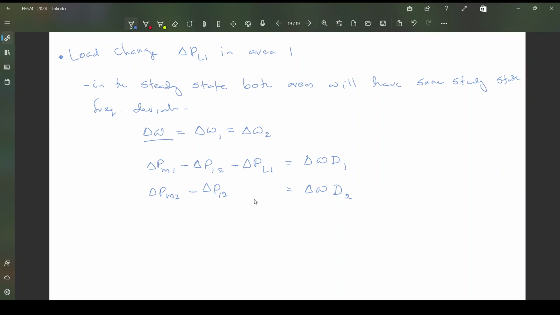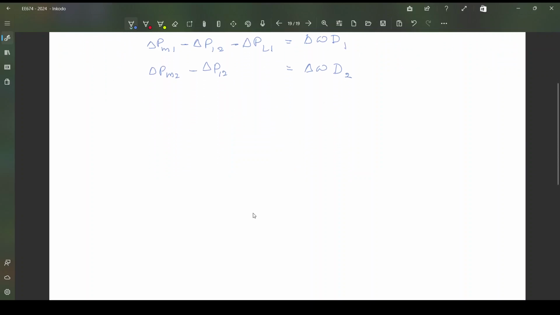All right. So we can determine the change in the mechanical power.